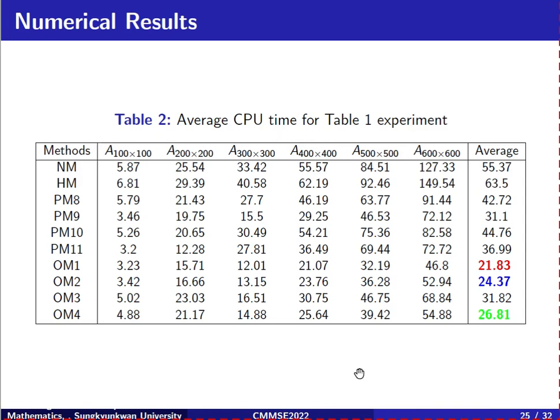Notice that our method OM1 is the fastest on average, followed by OM4. And notice that these two are twice as fast as the other iterations of the same order.